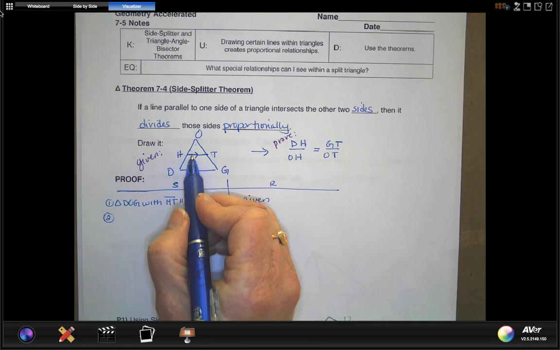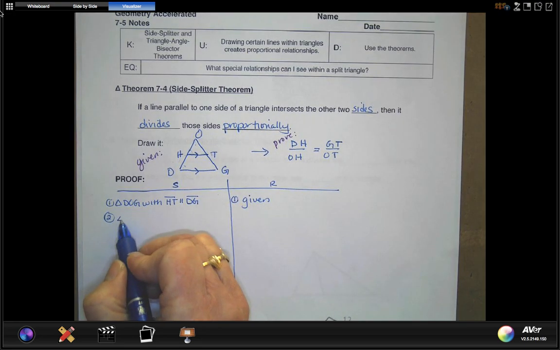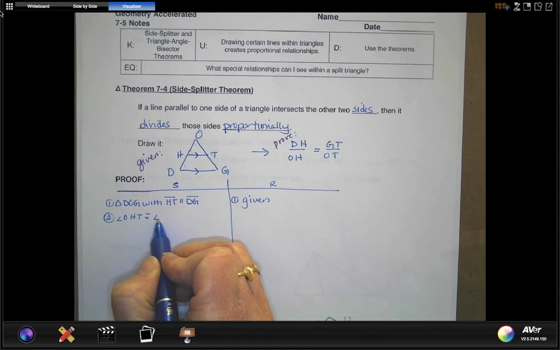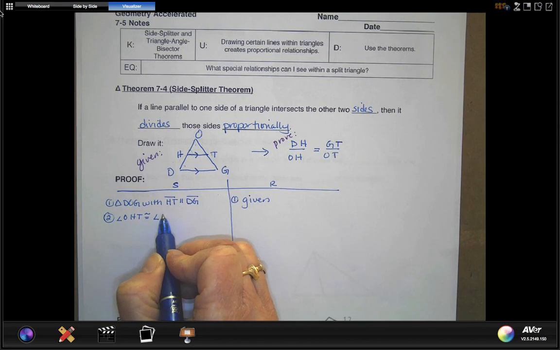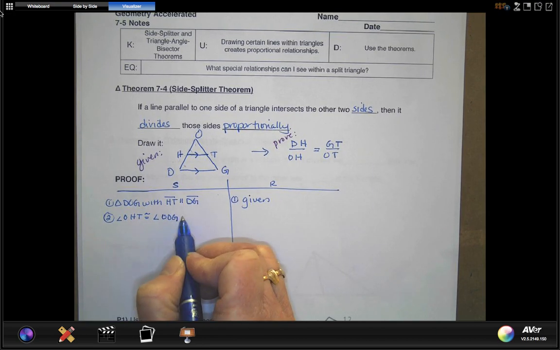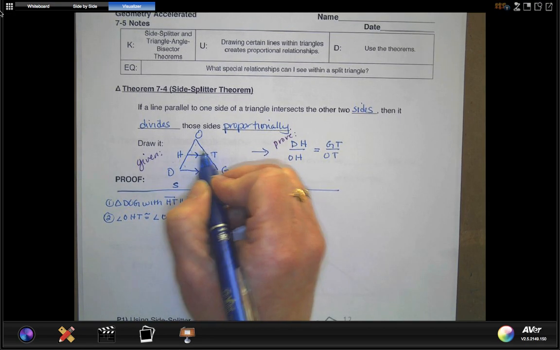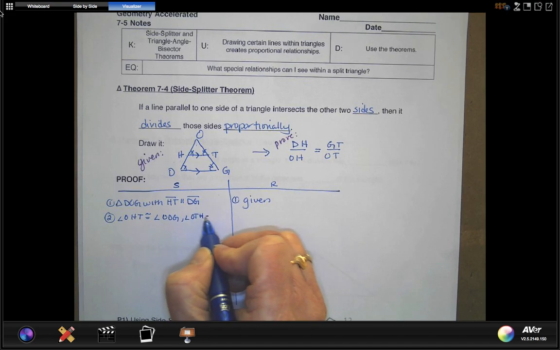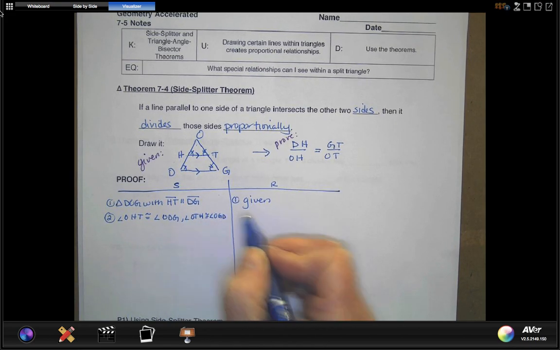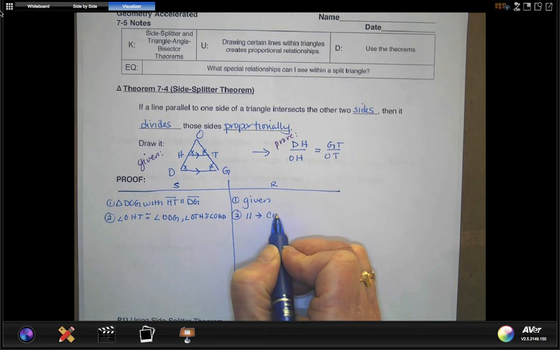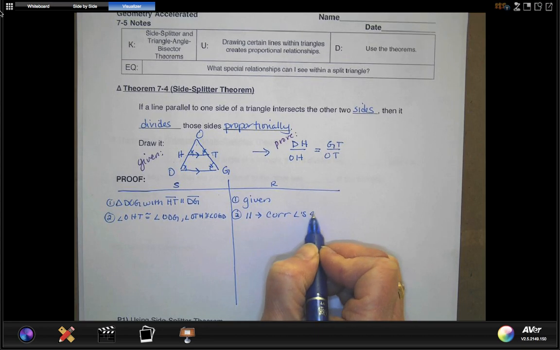So if these sides are parallel, then I know that angle OHT is congruent to angle ODG, and angle OTH is congruent to angle OGD, because parallel lines tell me that the corresponding angles are congruent.